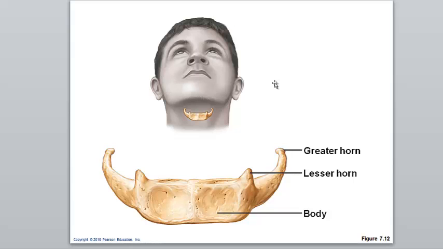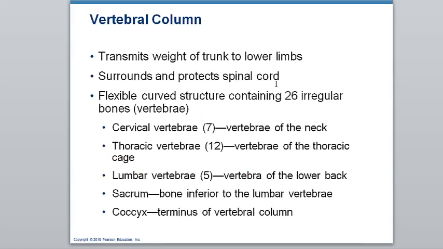Now we're moving on to the next part of the axial skeletal system, which is the vertebrae. Vertebrae, you have multiple irregular small bones that come together to form this vertebral column. These bones are divided into regions. You have your cervical region, thoracic, lumbar, sacrum, and coccygeal.